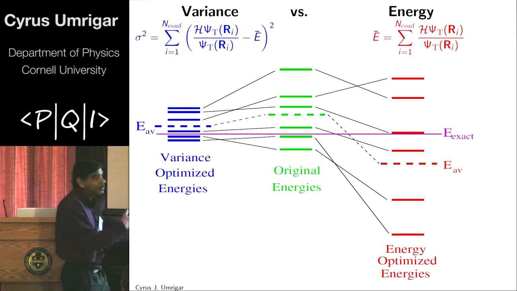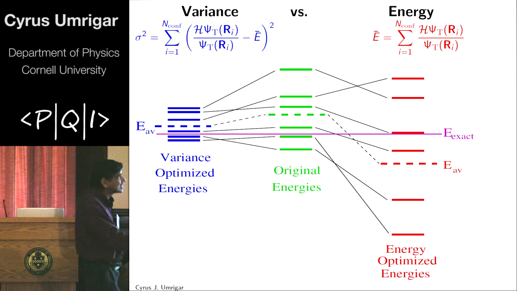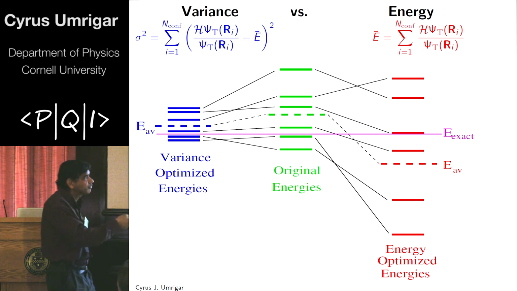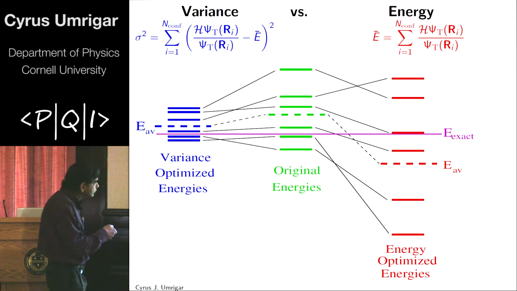Okay? However, when I now draw an independent Monte Carlo sample, what I will find is that the energy has actually gone up rather than gone down. So it's only on this sample, because I had a lot of variational freedom and not a huge number of Monte Carlo points, that the energy went down and went down below the exact sample. So once you realize what the problem is, it's obvious how to solve it.